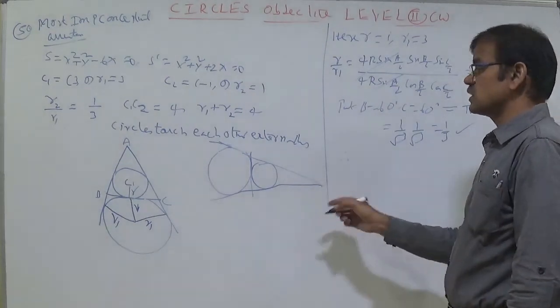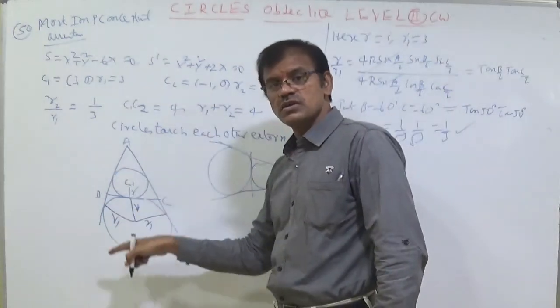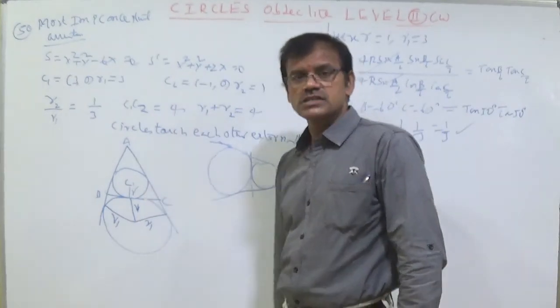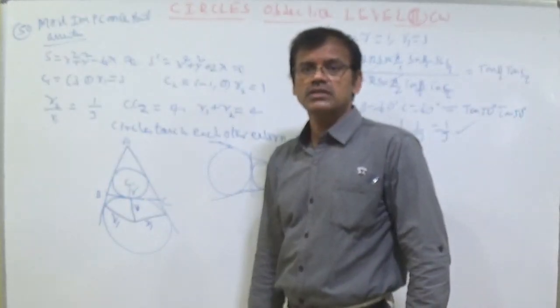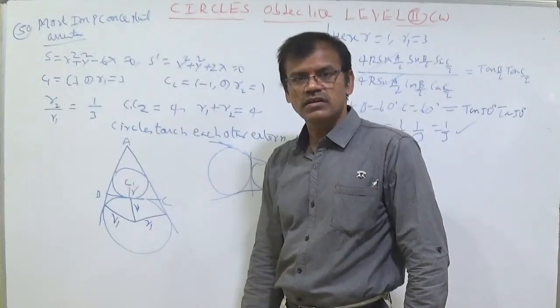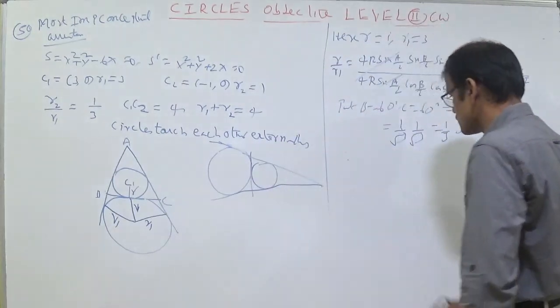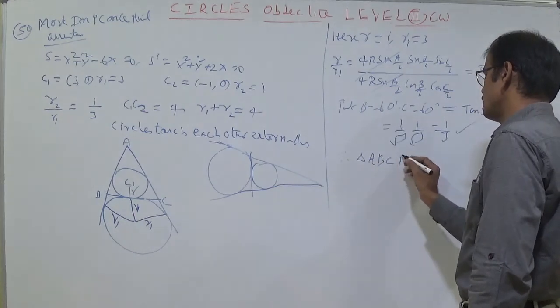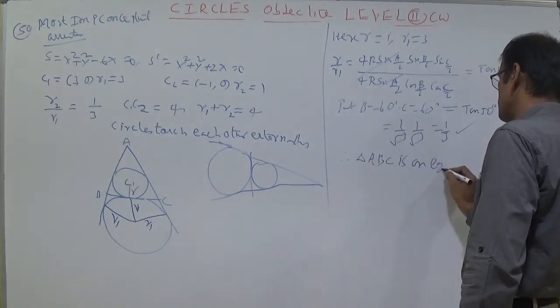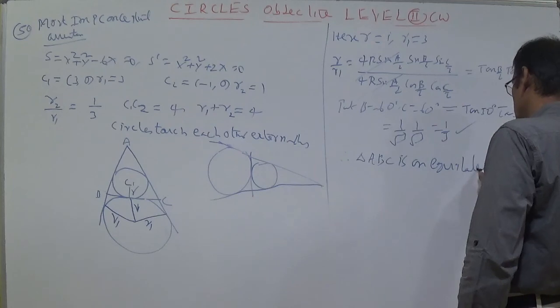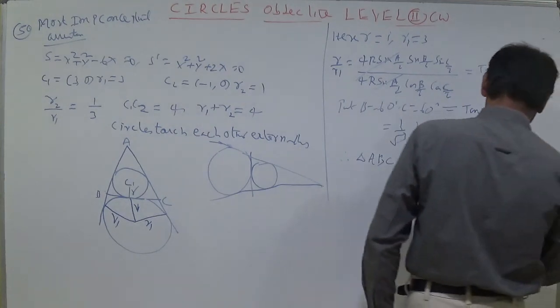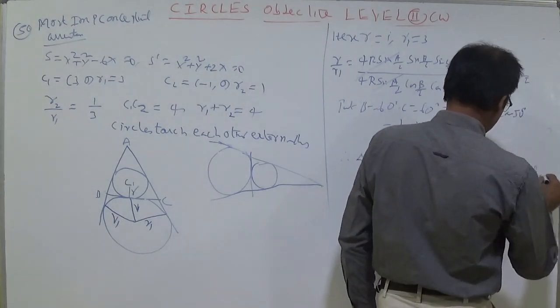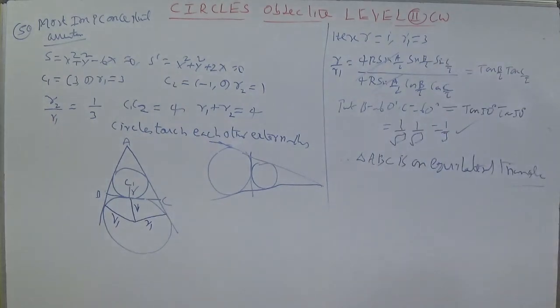Therefore, the triangle formed with the incircle and excircle is an equilateral triangle. It is the most important concept. Therefore, triangle ABC is an equilateral triangle.